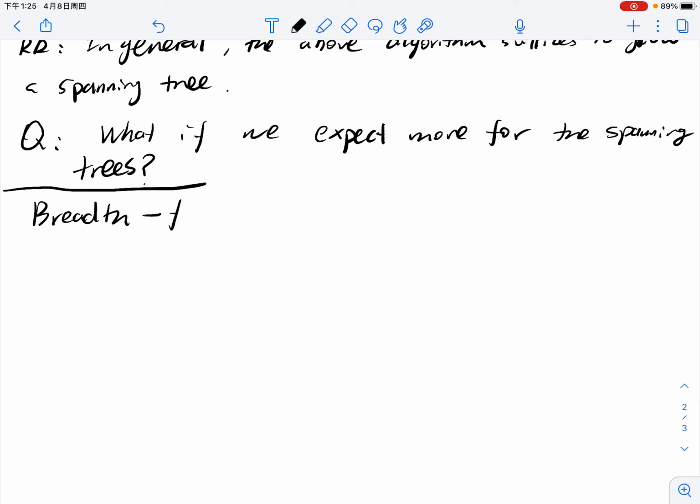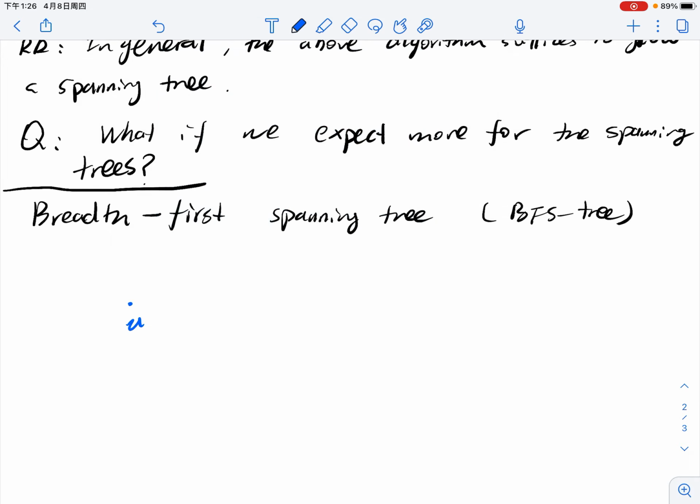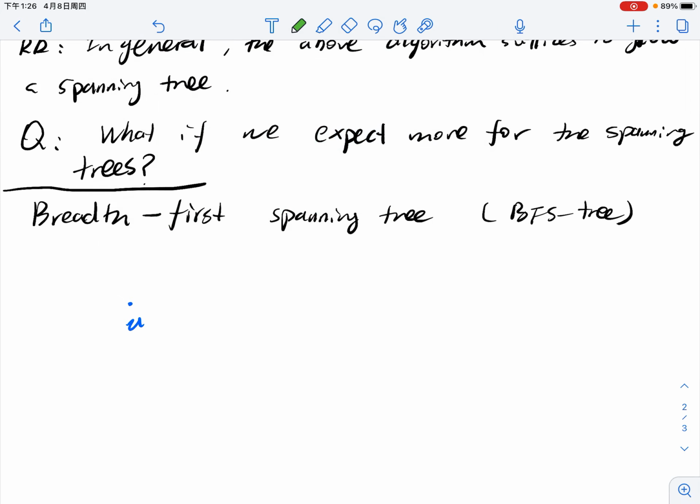The breadth first spanning tree, BFS tree. We can use the graph to illustrate a little bit. So u is a prescribed vertex.